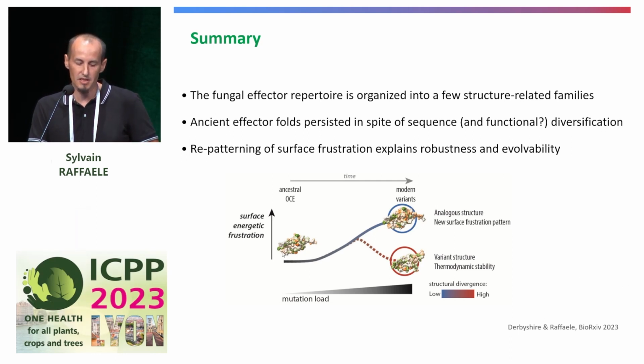So we have basically these two scenarios where the ancestral effector could either evolve towards more frustration and then keep the same structure, or change a little bit in structure and release frustration. So you can imagine cycles of these evolutionary trends that maintain these families stable over time.